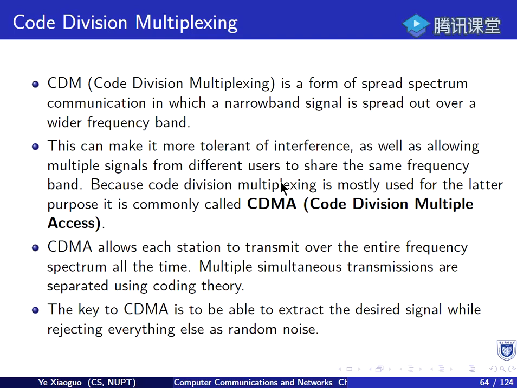Because code division multiplexing is mostly used for that purpose, it is commonly called CDMA. It allows each station to transmit over the entire frequency spectrum all the time. Multiple simultaneous transmissions are separated using coding theory.